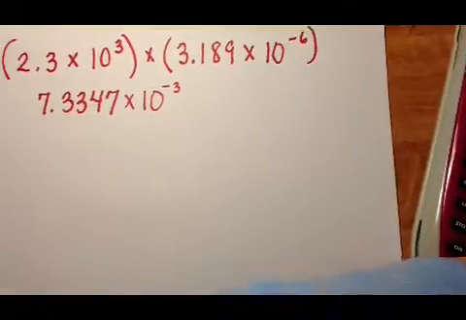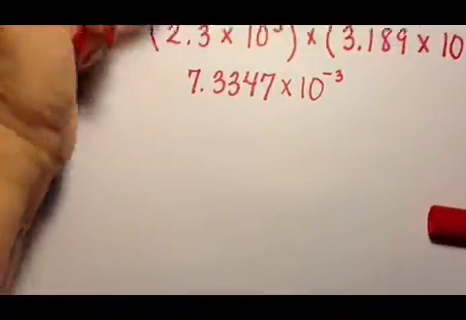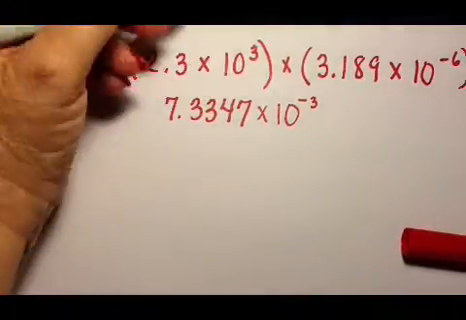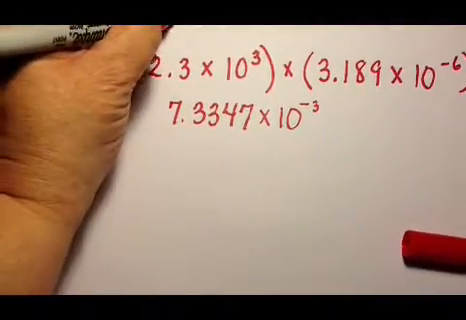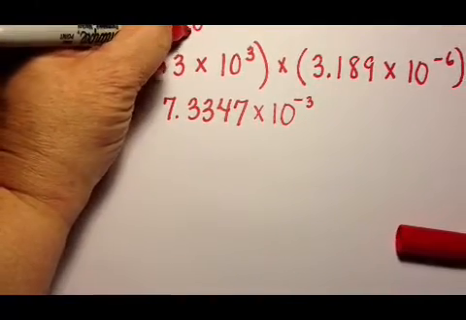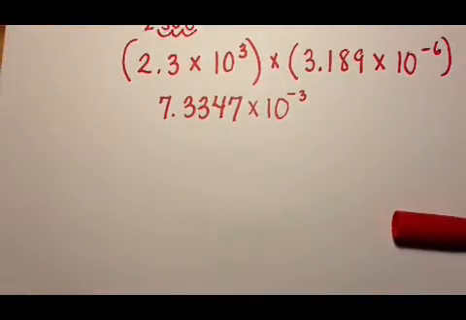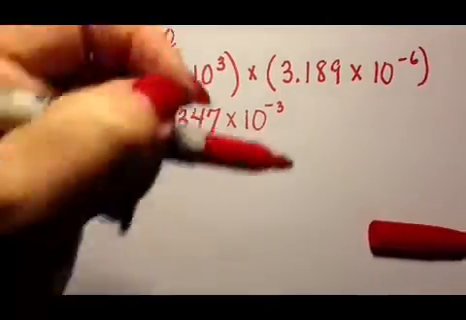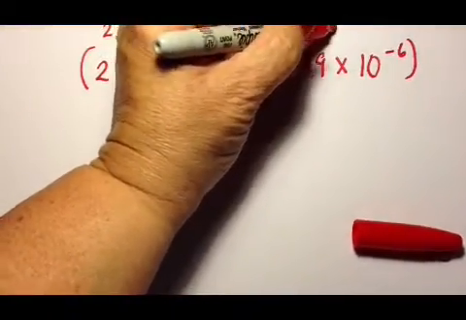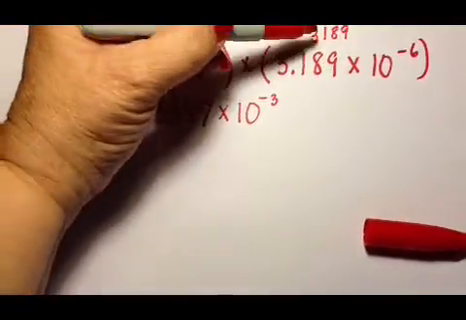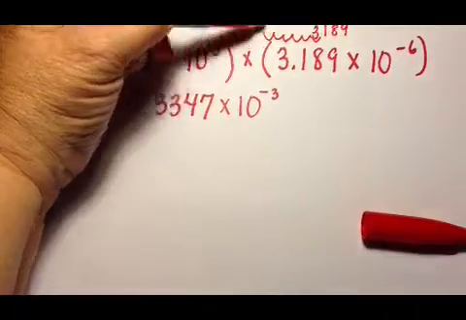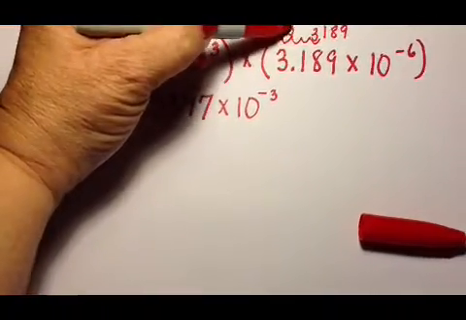Now, one thing we want to be sure that we see, when we look at this number, 2.3 times 10 to the third really represents a decimal moved 1, 2, 3 places, which is 2,300. And this number, 10 to the negative 6 power, really means 1, 2, 3, 4, 5, 6, a very small number.